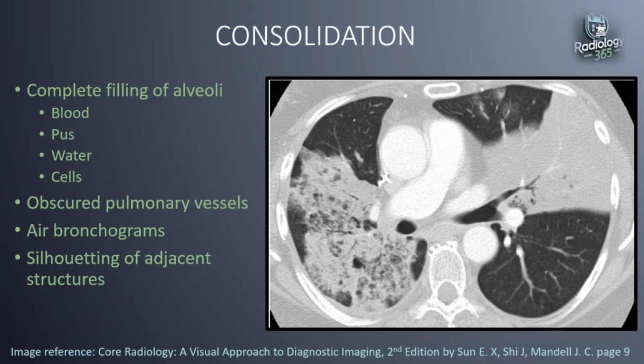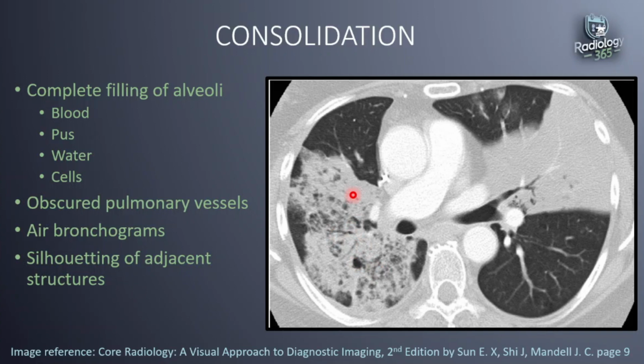So in this CT image, this is a contrast enhanced CT, and it shows bilateral consolidative processes. See one here and then one here on the left and on the right. It's more densely consolidated here on the left. There are also bilateral air bronchograms. You see these linear lucencies within the consolidation.